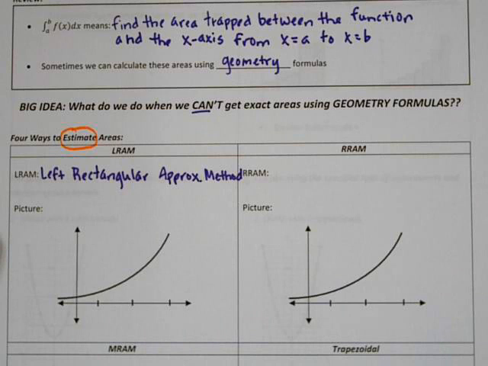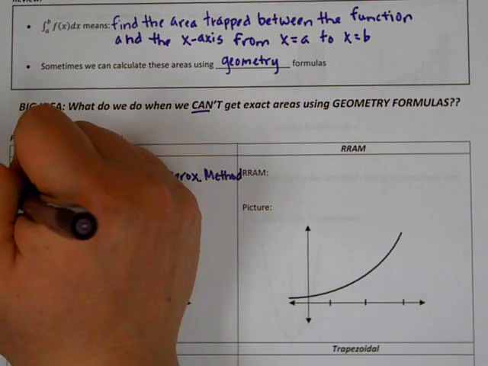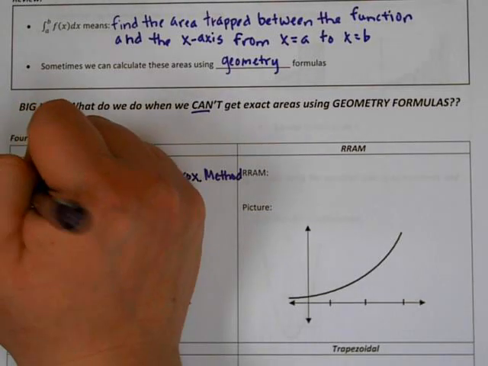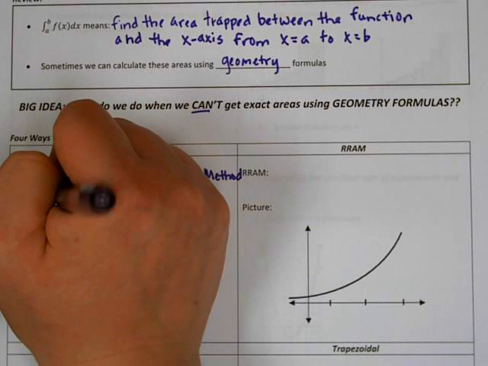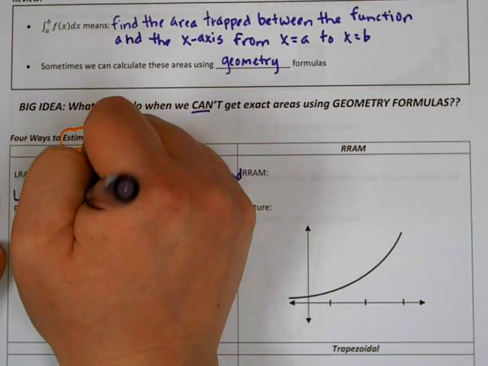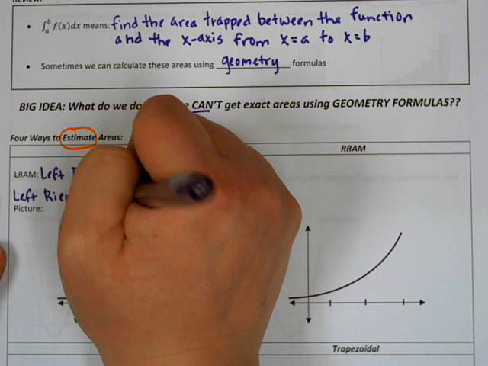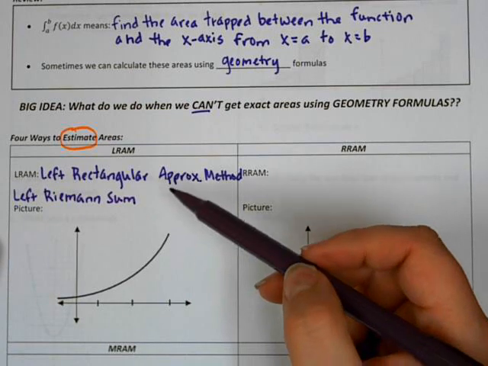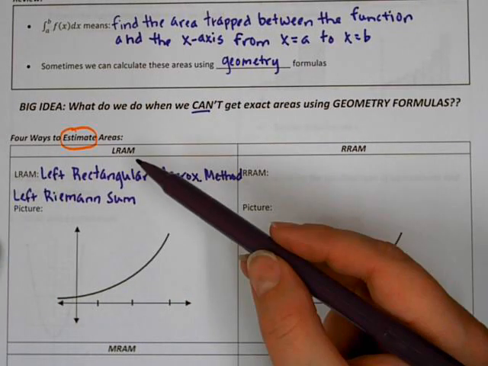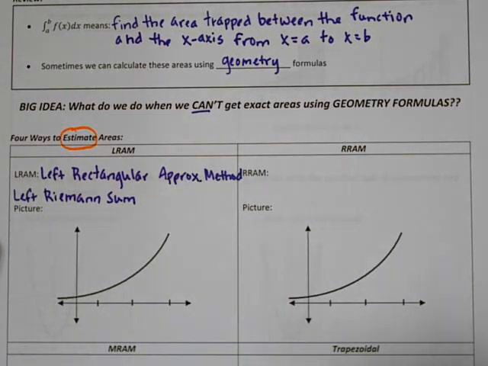We're also going to call this, or a lot of times on the AP exam, this is actually called the left Riemann sum. Either one of those, you have to know that that means we're finding the LRAM.